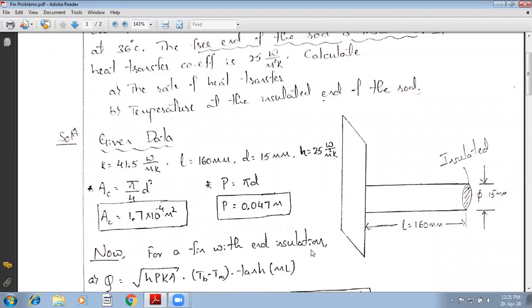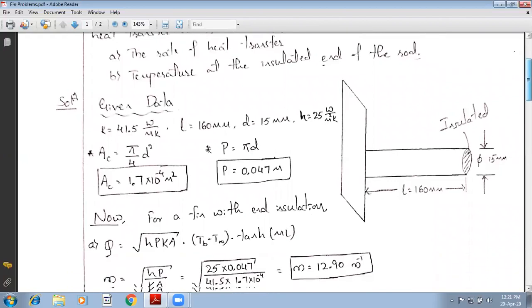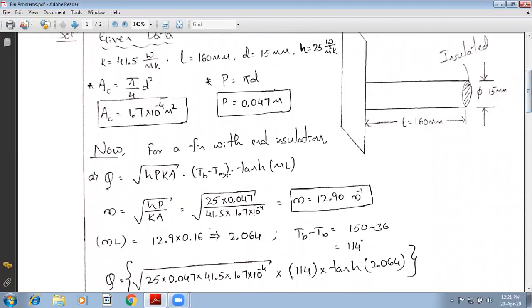Now this expression is available in your data handbook. You don't need to remember. Now we will understand the terms included in this one by one. Now what is h here? h is nothing but convective heat transfer coefficient. P is perimeter.